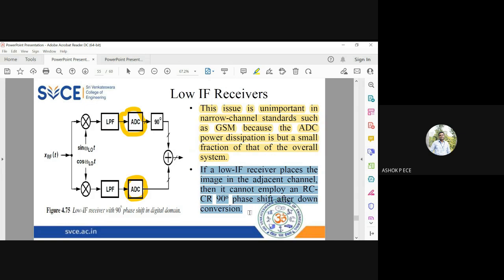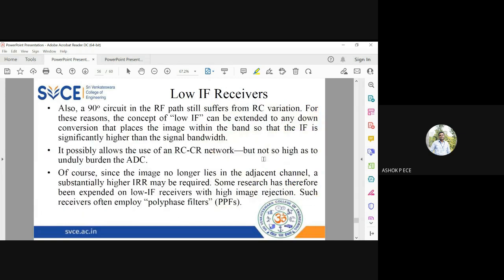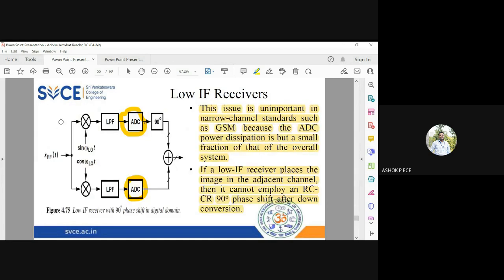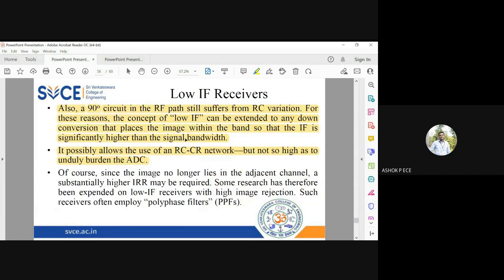So this is going to be the logic of the low IF receiver, and it can be extended to any down conversion, where the IF signal is going to have a significantly higher bandwidth. And if you want to reduce the burden of the ADC even more, as told before, before the mixing you employ one high pass filter and one low pass filter so that the burden on the ADC is going to be reduced.